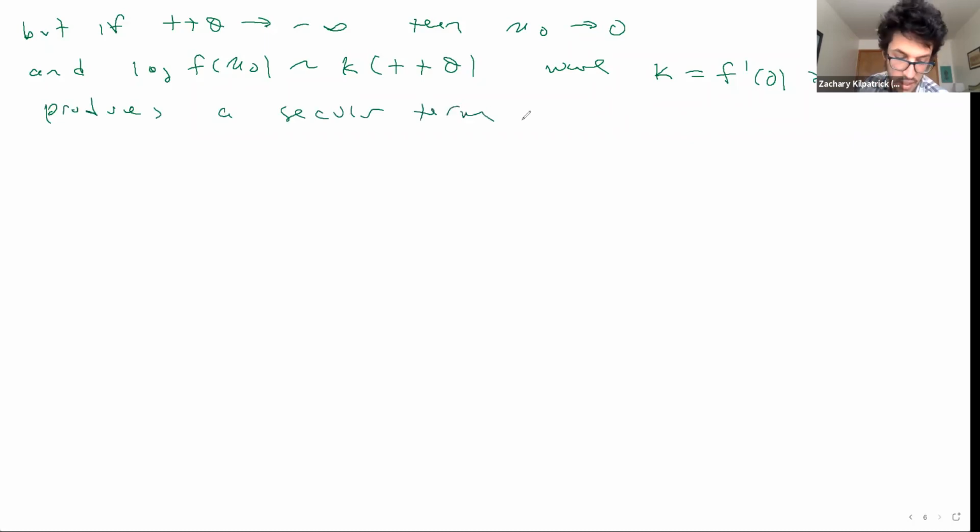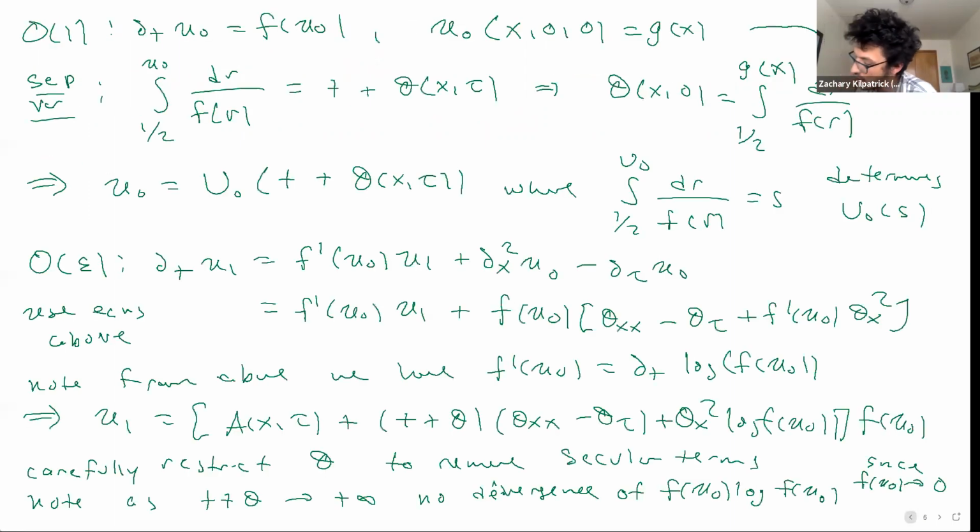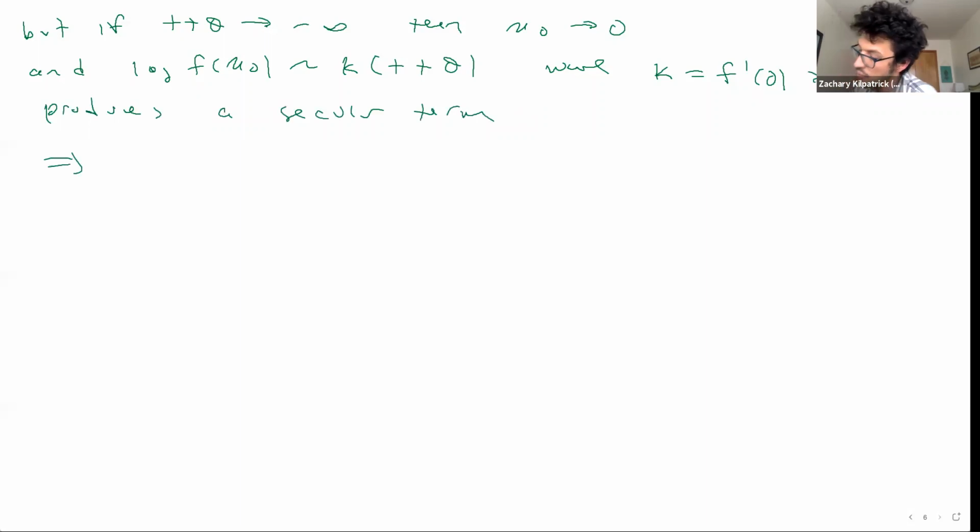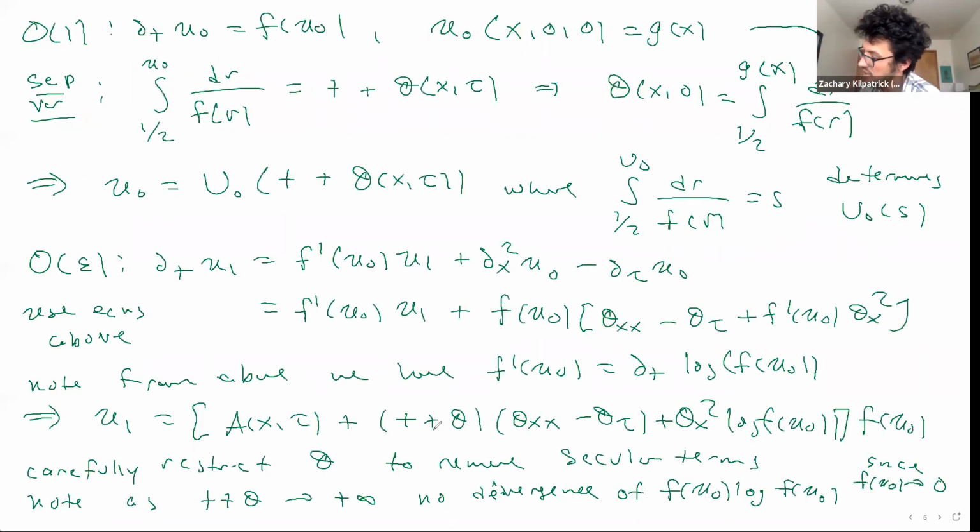So this produces a secular term in this case, which implies that in this limit, as this gets large, we're going to pick up this term in the t plus theta goes to minus infinity limit.